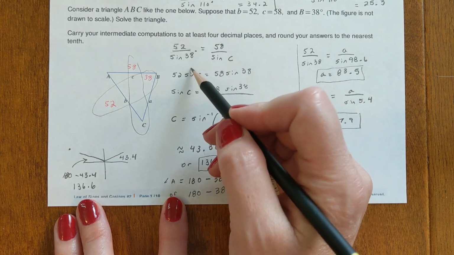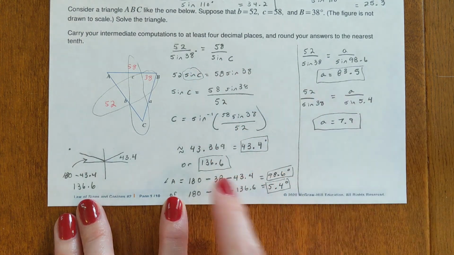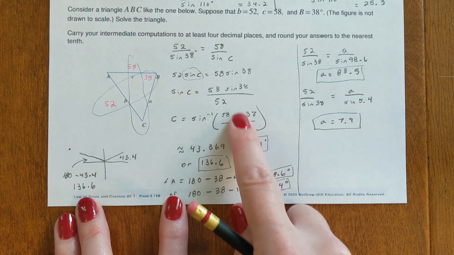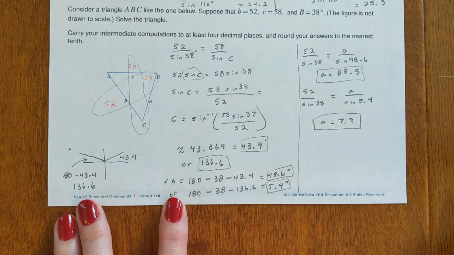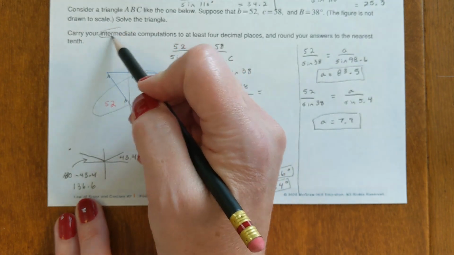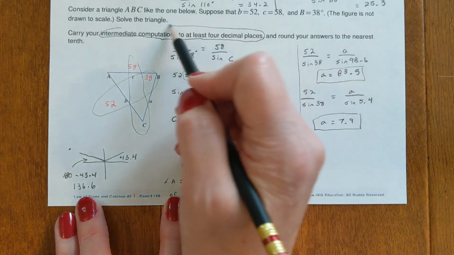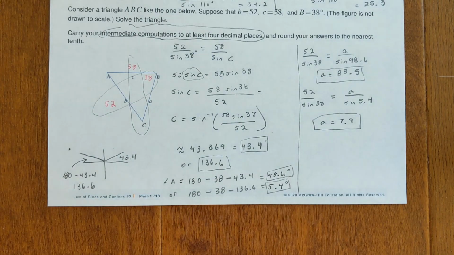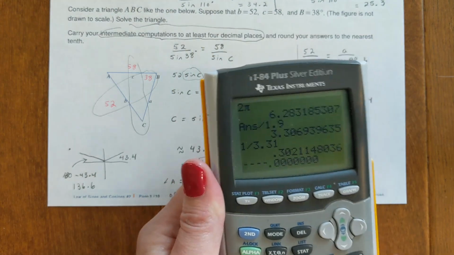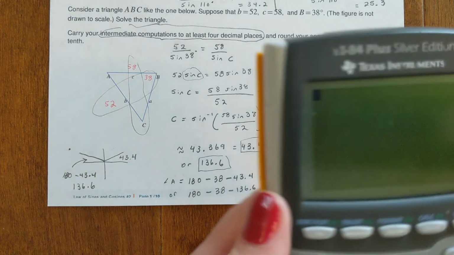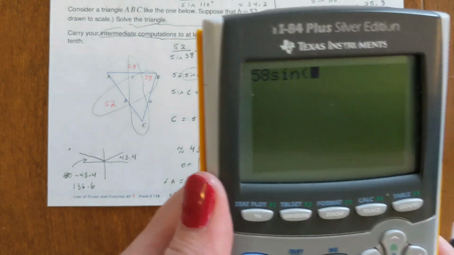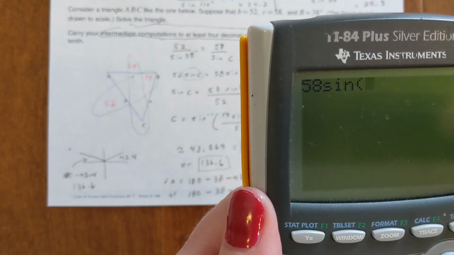We want to get the sine of C by itself, so you have to divide by 52. So I'm going to go ahead and find out what that number is for you. I would take it to at least 4 places. This is called an intermediate computation that we're doing right now. So we need to take it to 4 places. So on my calculator here, I am going to do 58 sine of 38.